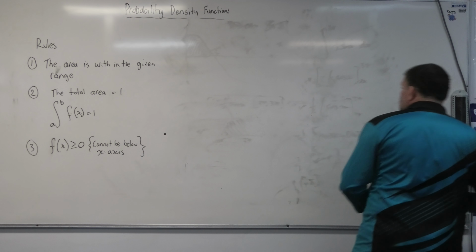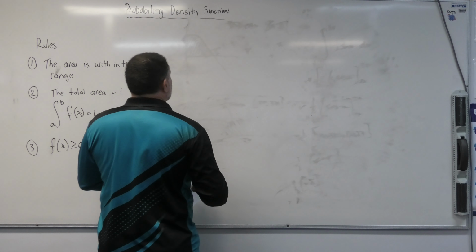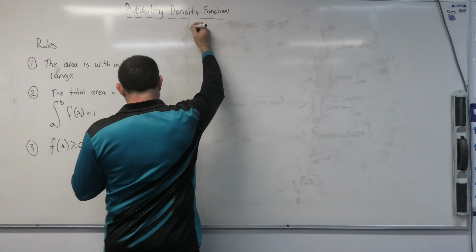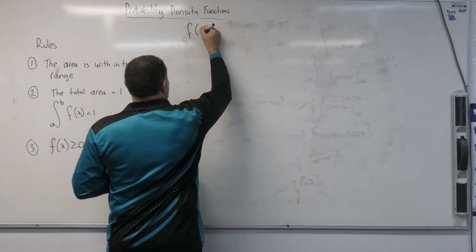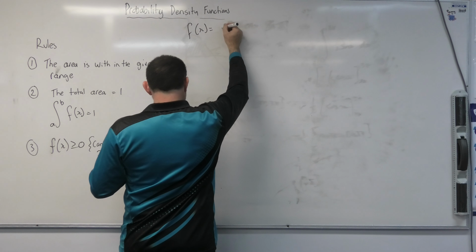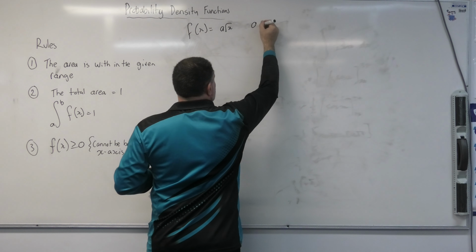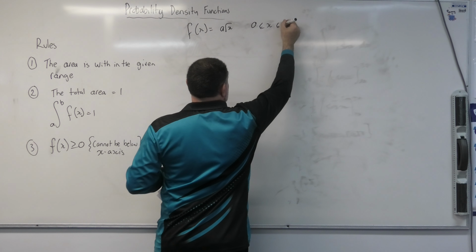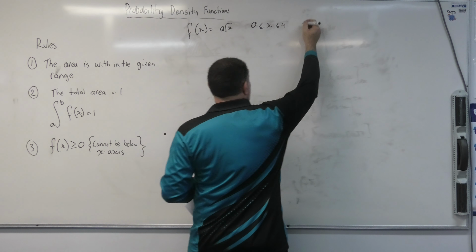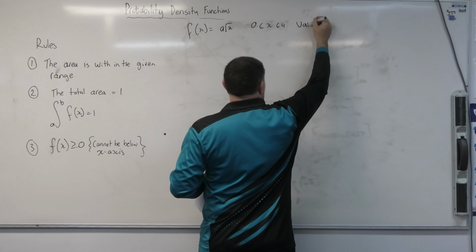Let's put a second function up here where we want to find the value of an unknown. So we have f of x is equal to a square root x, and we're looking between 0 is less than or equal to x, which is less than or equal to 4. And we know that this here is a valid PDF.